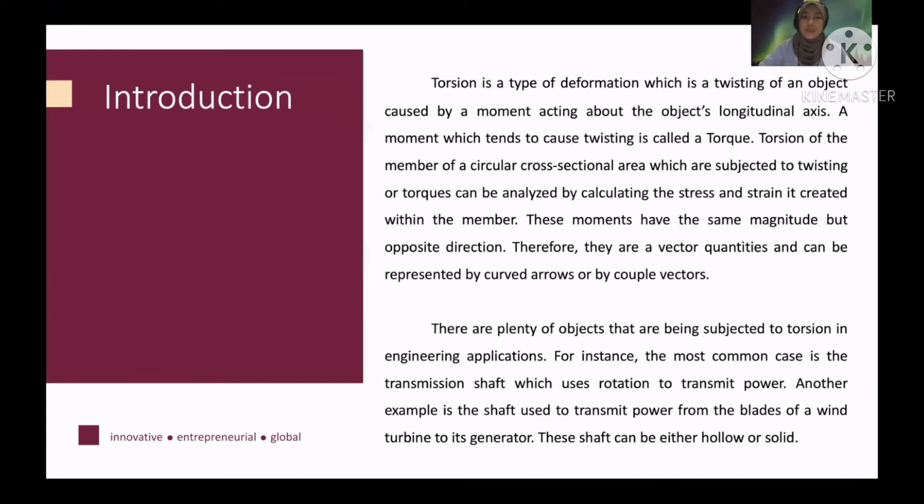What does this statement mean? For example, we have a pen right here. We consider it as a shaft, and we have a moment acting on both ends of this bar. The moment acting here is going in this direction, and the moment acting on the other end is going in the opposite direction.